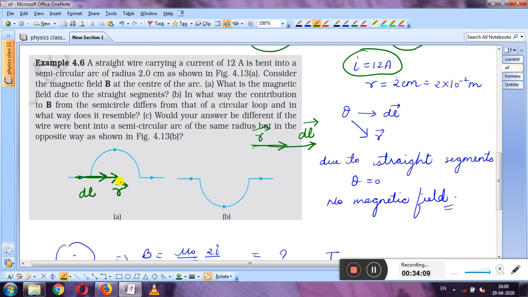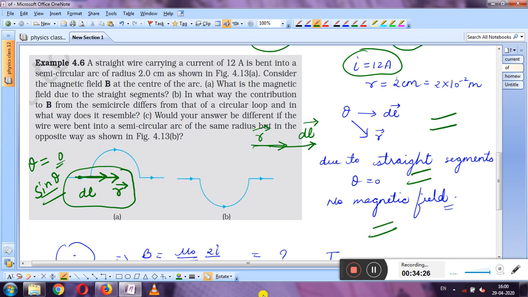Because of the straight current elements, the angle between them is going to be 0. If theta is equal to 0, then sine theta is equal to 0, and there will be no magnetic field due to the straight current carrying elements.